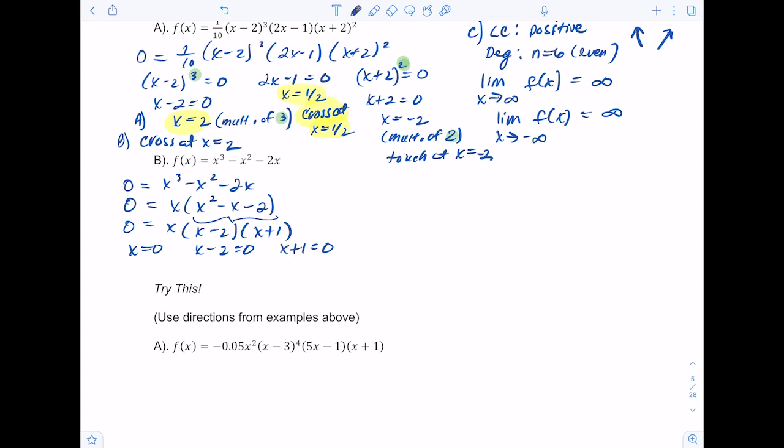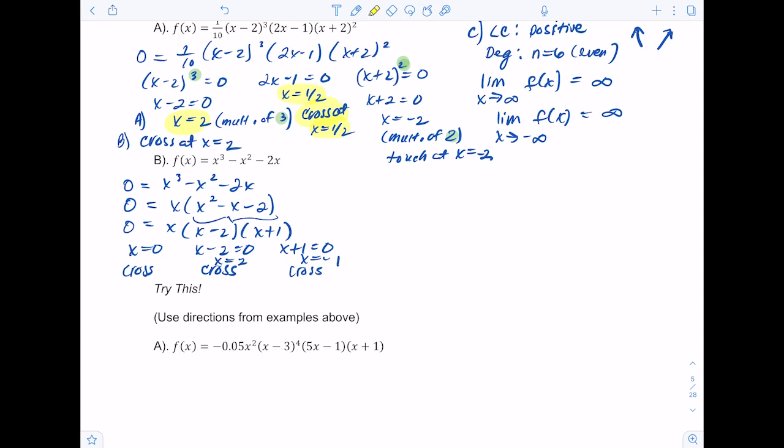And here, as you can see, we don't have any powers other than 1. So for each of those, it has a multiplicity of 1. 1 is odd, so that means it's going to cross. So it's going to cross at x equals 0, it's going to cross at x equals 2, and it's going to cross at x equals -1.